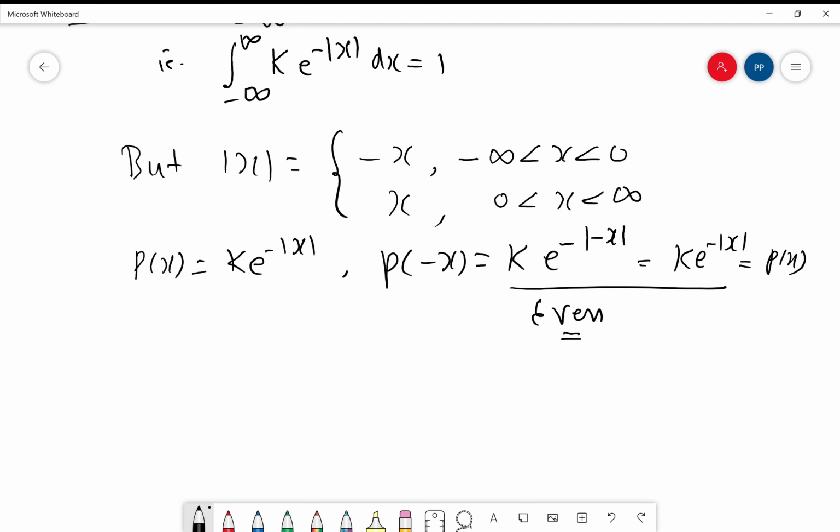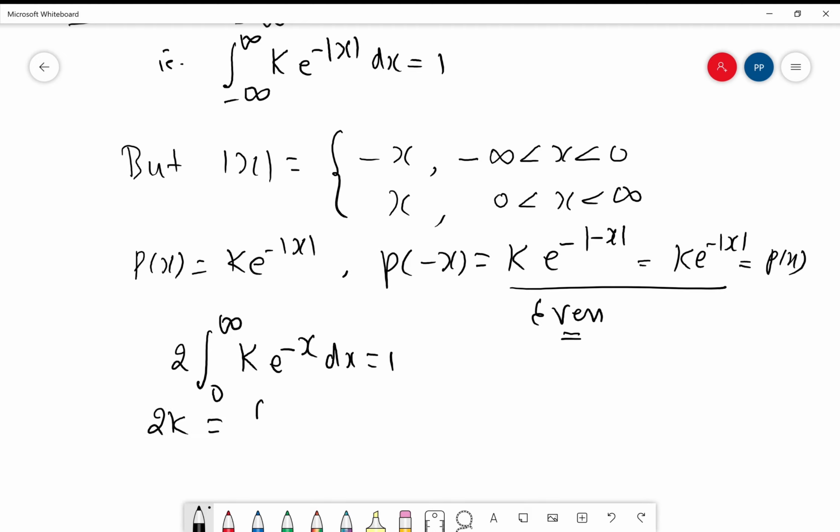And therefore, by property of a definite integral, the integral reduces to twice integral 0 to infinity k into e power minus x dx. Now here I replace mod x by x because in the positive interval 0 to infinity mod x equals x. Now I can evaluate this integral easily.